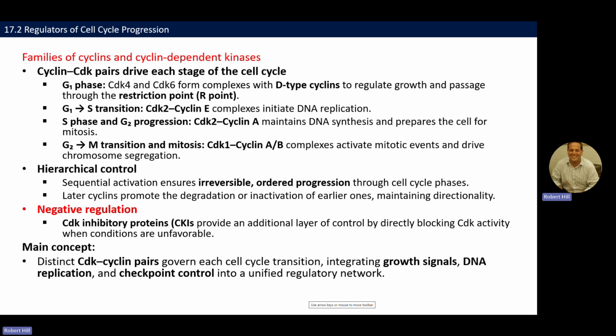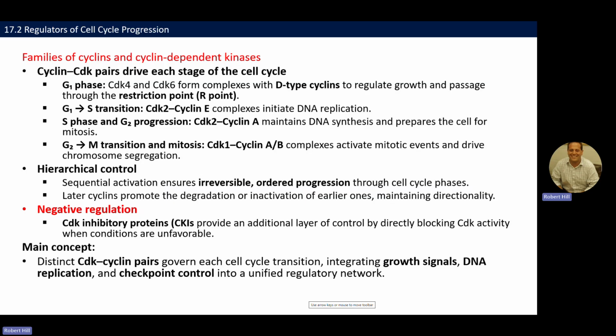So in G1, CDK4 and CDK6, both pair, not with each other, but with D-type cyclins, or cyclin D. And it controls passage through the restriction point. That's in G1. The next thing is the G1/S transition.